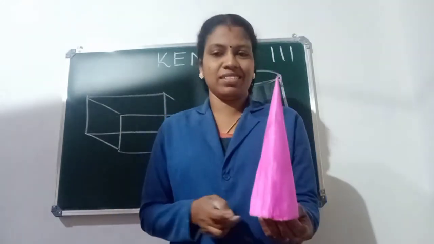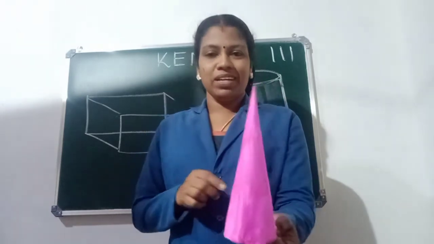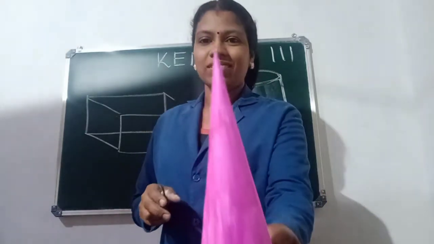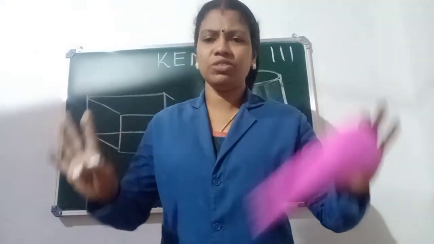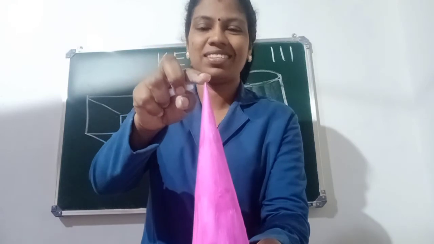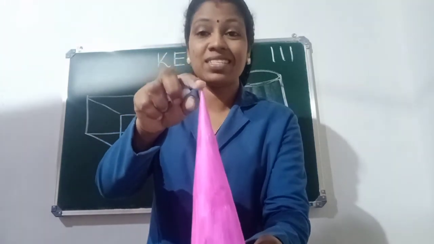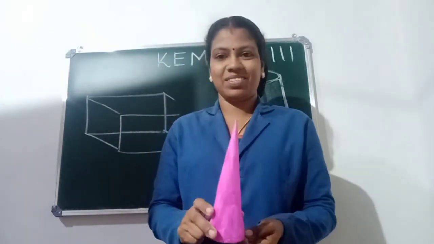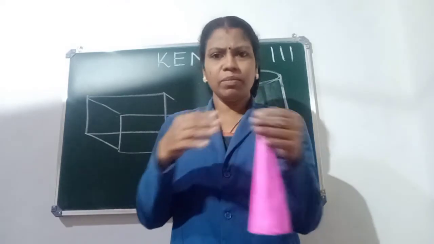Look at the cone carefully. Then what is the next feature? Do you have any other important property about a cone? Does it have only two faces? No. Look here. What is this? Yes, we call it a corner. Corner is the meeting point.